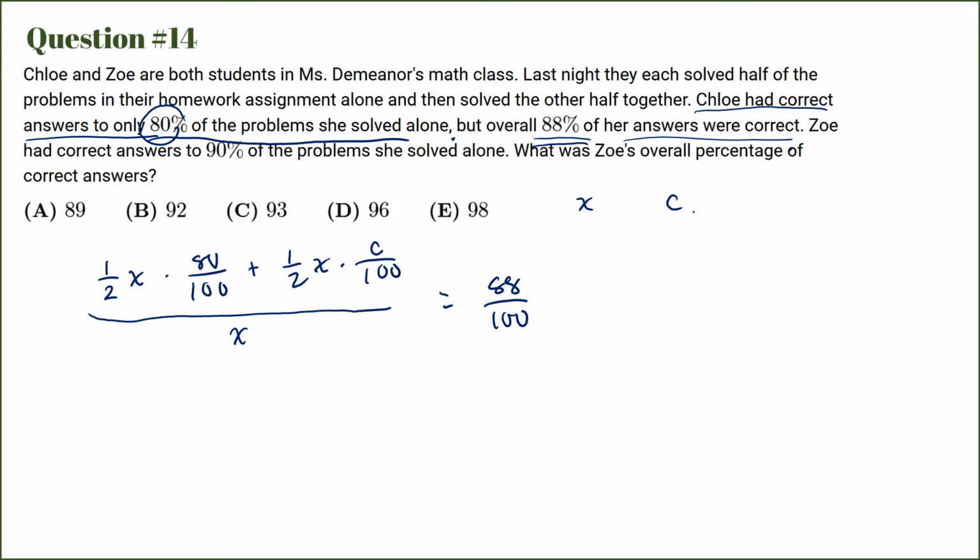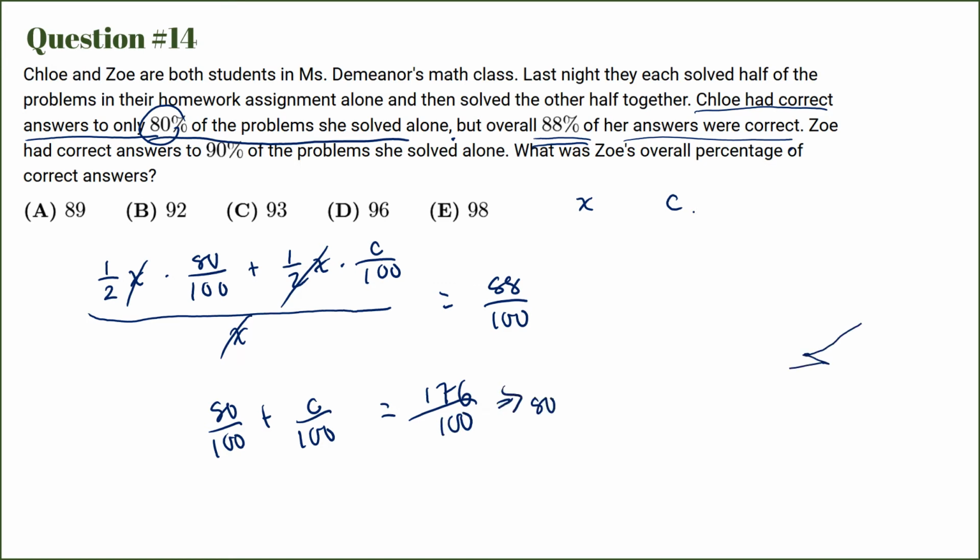So what we can do is divide X out and multiply by 2 to get that 80 over 100 plus C over 100 equals 176 over 100. Multiply by 100 to get that 80 plus C equals 176.